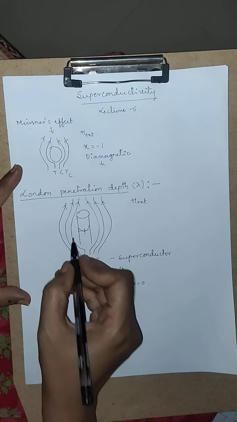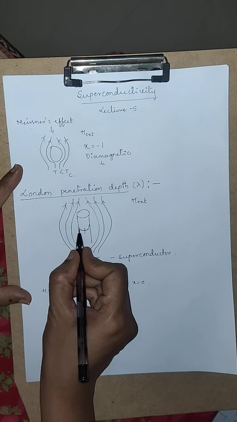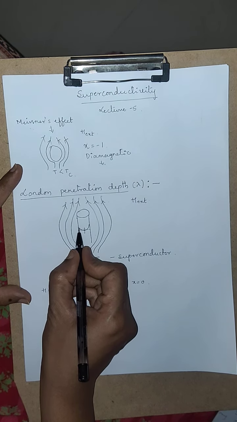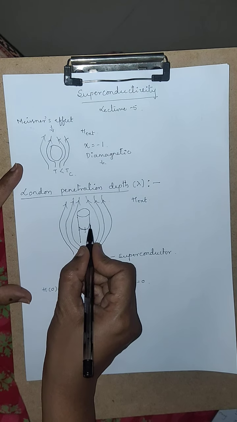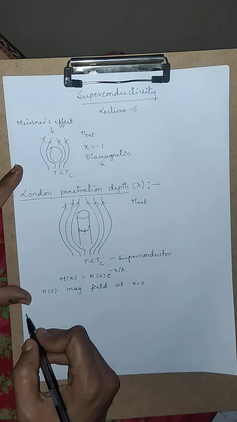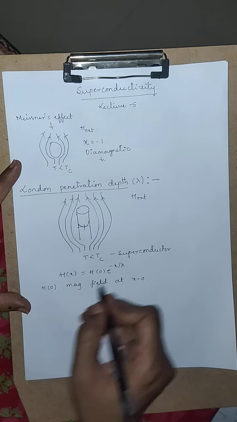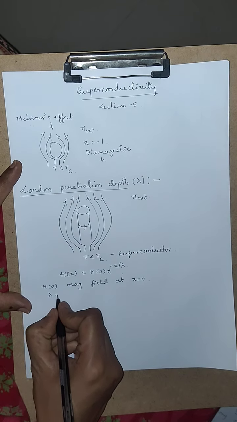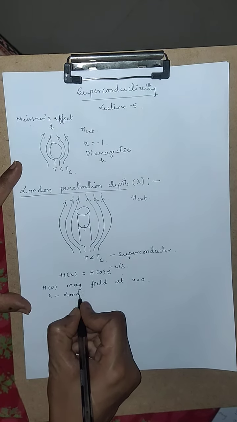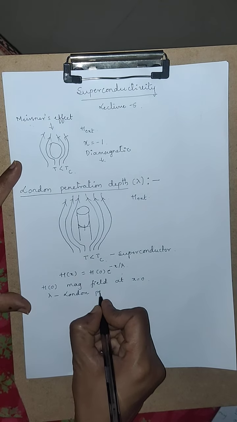We can say x is some thickness or the distance from the end part of this superconducting material, and lambda is a very important parameter here, known as London penetration depth.